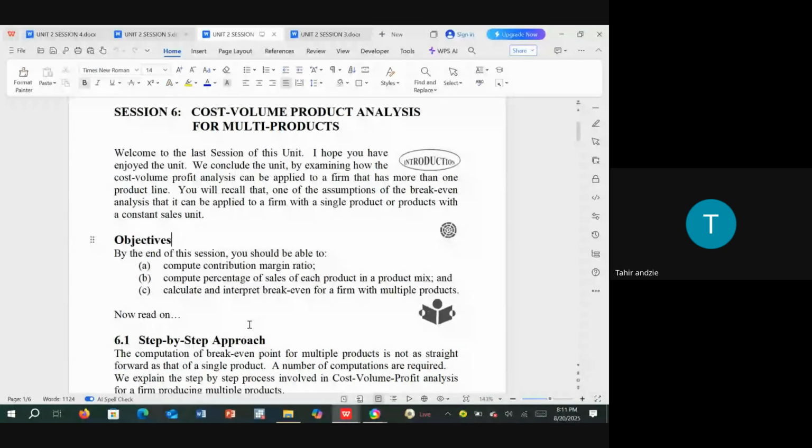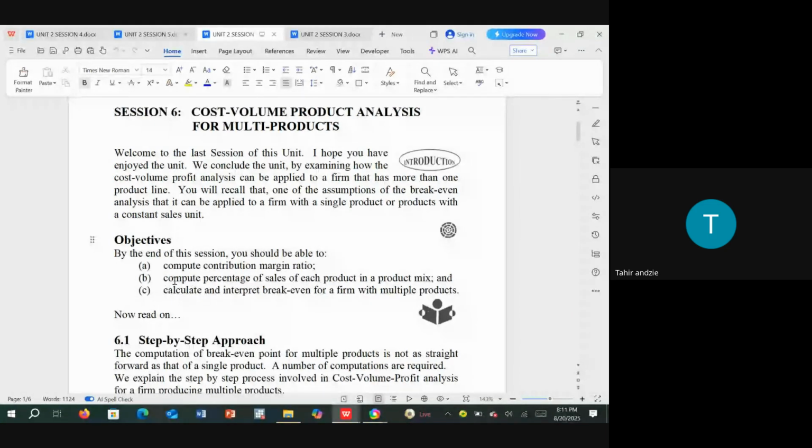Remember, the contribution margin ratio we calculated under the single product approach is simply contribution over sales, or contribution per unit divided by the selling price. Okay, so that's the same idea. So you should be able to compute the contribution margin ratio.